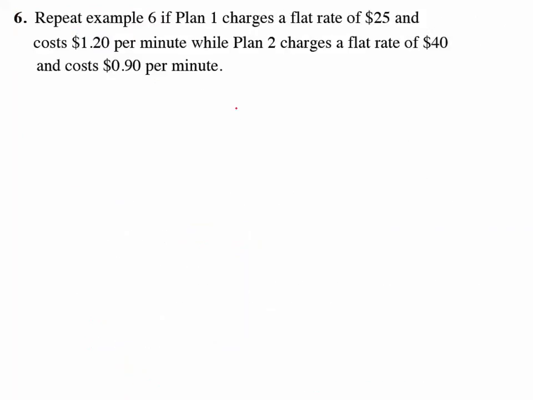So repeat example 6. If plan 1 charges a flat rate of $25 and it costs $1.20 per minute, can you give me that plan? I'll start off. Y equals. So a $25 charge per month and then $1.20 per minute. What would that look like as an equation?